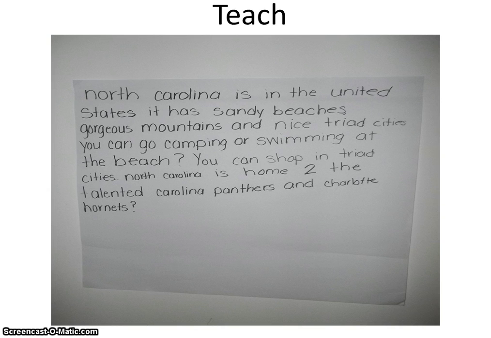That is something that people do when they're sending text messages. I know a lot of you are familiar with your parents, and sometimes you may send a text message. That's okay when we're writing there, but when we're doing our formal writing, we're going to actually write the letters T-W-O. Carolina Panthers and Charlotte Hornets are the names of teams, so they're proper nouns. We have to capitalize those as well.